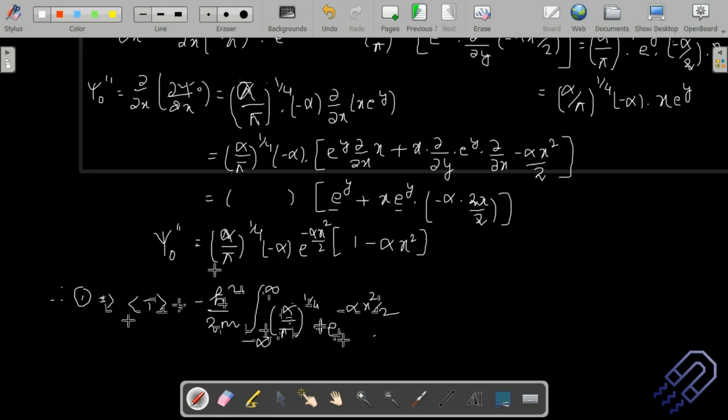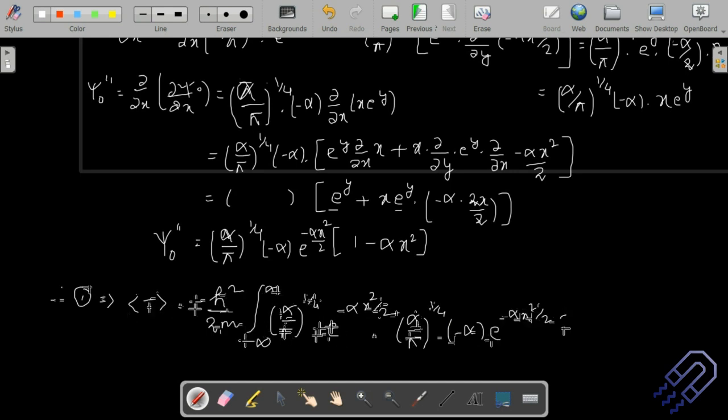That was my psi naught, and then I have got this term. This term again is nothing but alpha by pi to the power 1 by 4 into, there is a minus alpha here, and then we have this term here, e to the power minus alpha x square divided by 2 into the bracket 1 minus alpha x square dx.